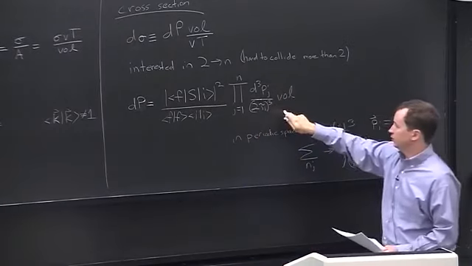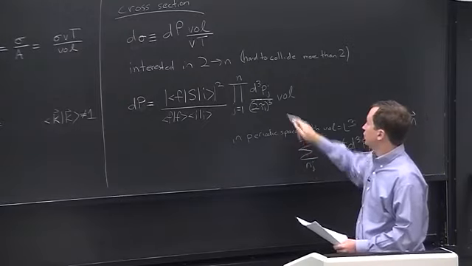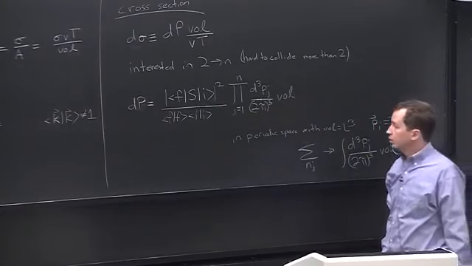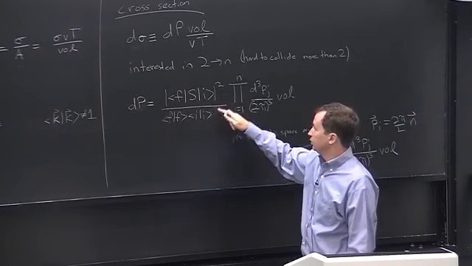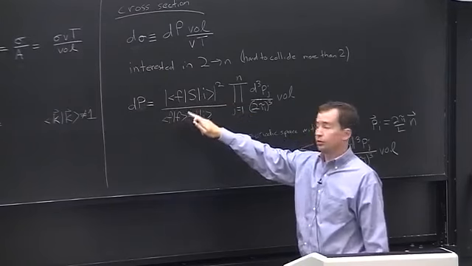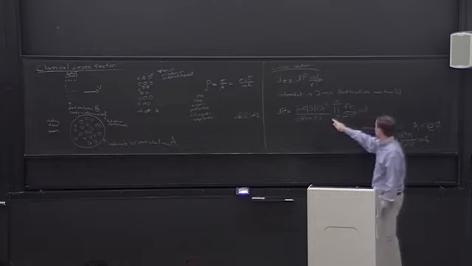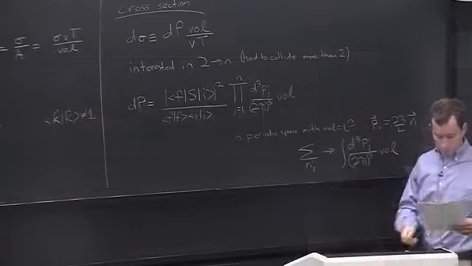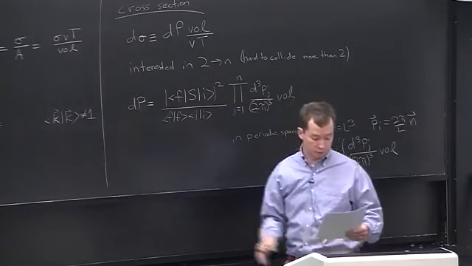Another way to see this is, this is a dimensionless combination. We're looking at a ratio of amplitudes. And this is also dimensionless, which gives us the dimensionless probabilities we'd expect.